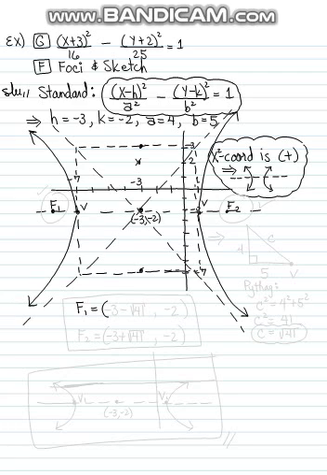The y-coordinate is clearly -2. I'm sorry, is that right? Yeah, that's right. It passes through -2, and it's the same for F sub 2. His y-coordinate is -2 in both cases, just by looking at the sketch.